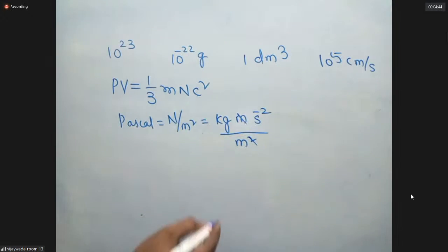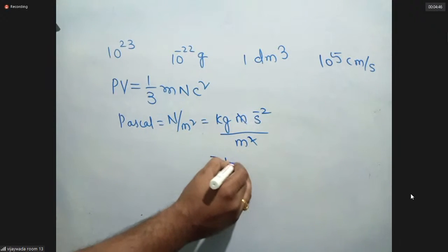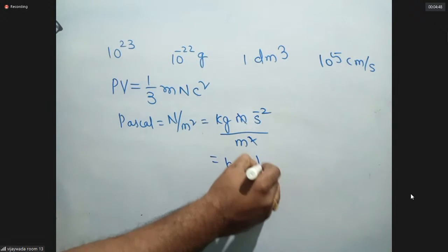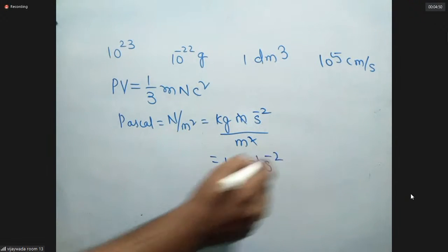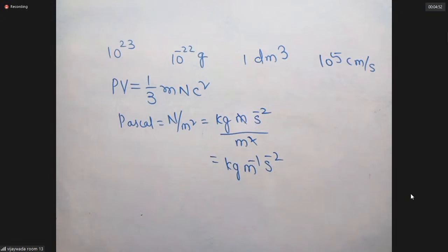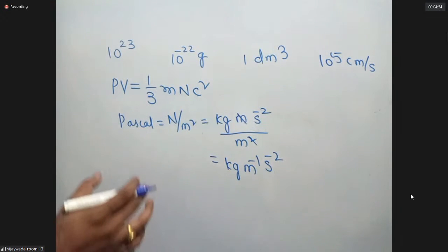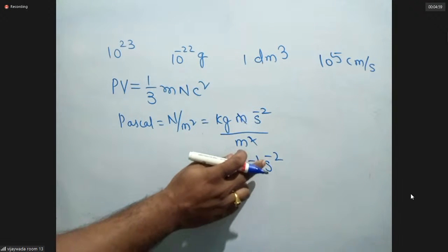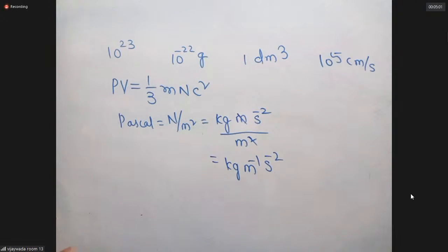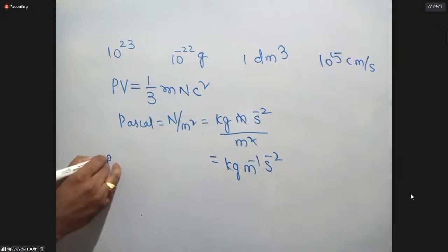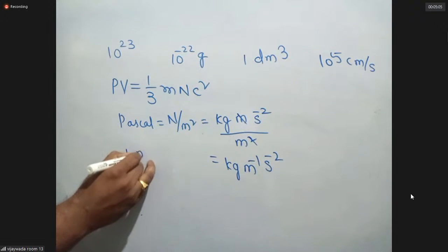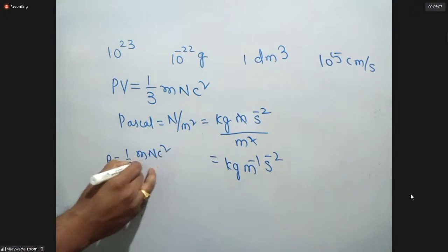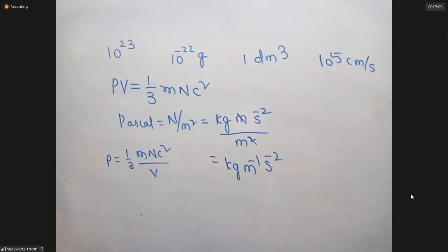Meter square cancels. Now Pascal means kilogram meter inverse second inverse 2. So you have to get the value in kilogram, meter inverse, second inverse 2. Okay, fine. So P equal to 1 by 3 mn c square by V. This is the required equation.